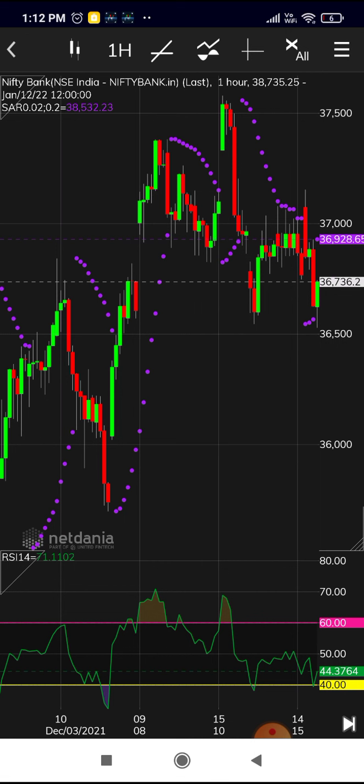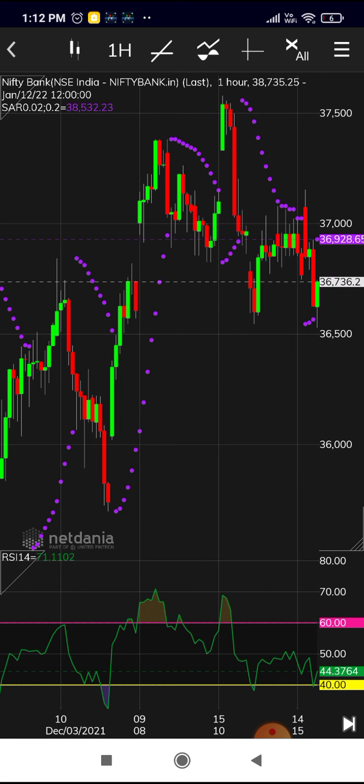In the next candle, the parabolic star dot went above the candle. For entry on the short side, RSI should be less than 40 and the dot should be above the candle. Right now the RSI is 44, but in the previous candle it had gone below 40.